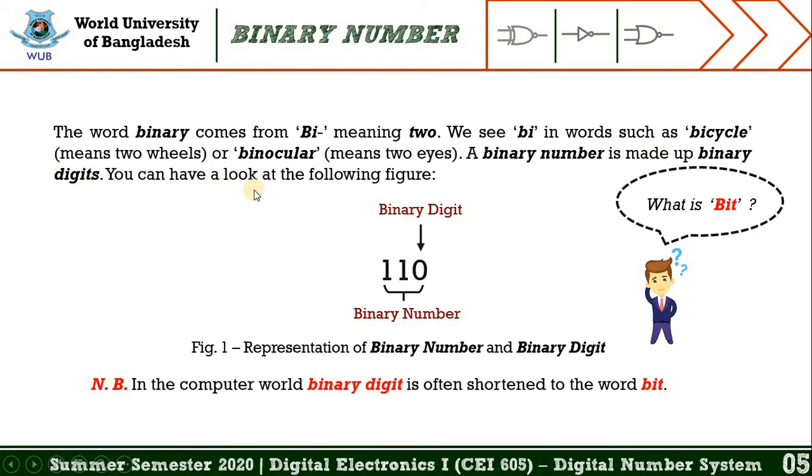You can have a look at the following figure, which represents binary numbers as well as binary digits. A question may arise in your mind: what is a bit? In the computer world, a binary digit is often shortened to the word bit.